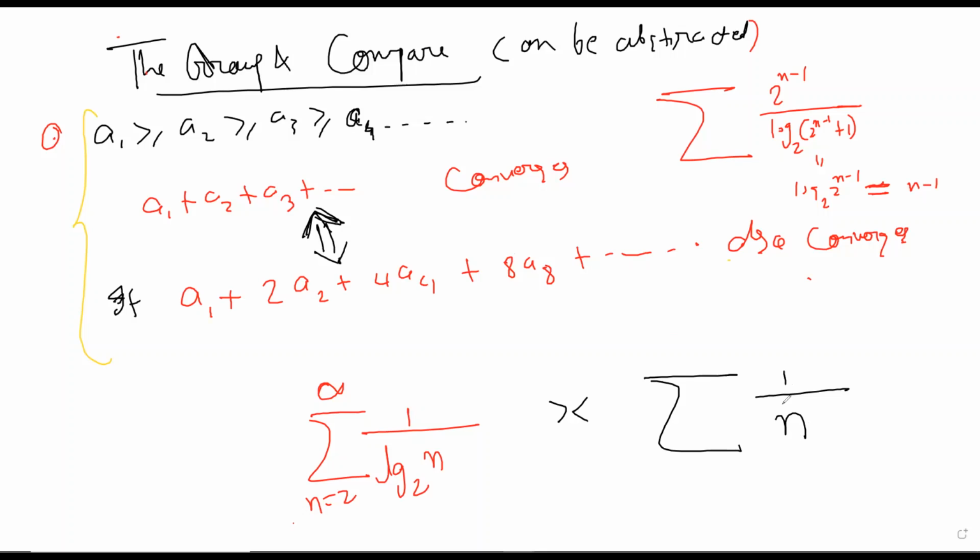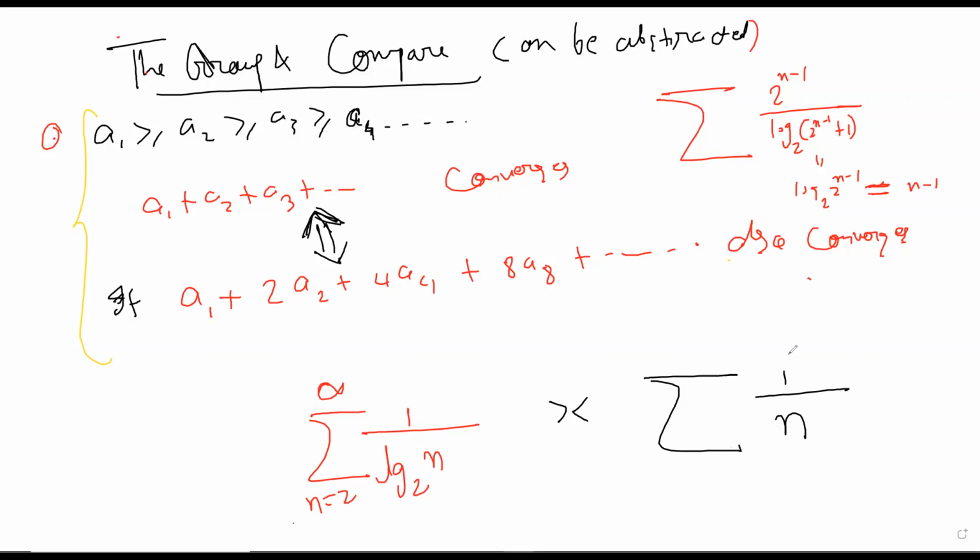You have to compare. HN is just 1 by n. And this is 1 by log n base 2. So 1 by 2, 1 by 3, 1 by 4, 1 by 5.